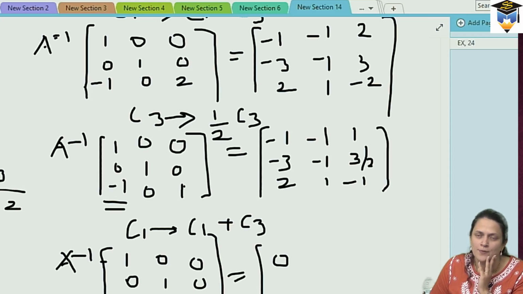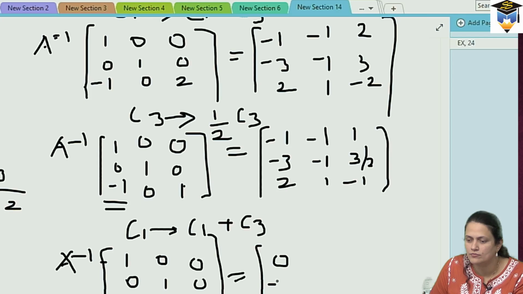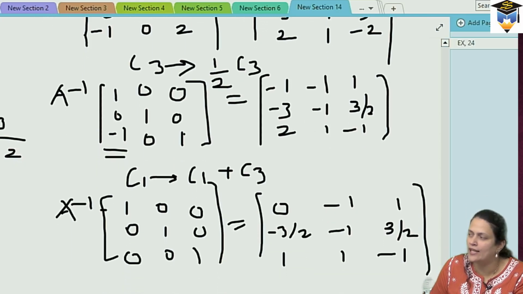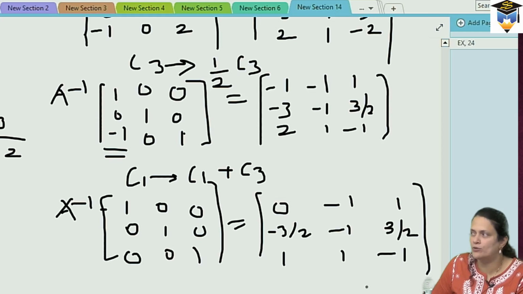So minus 6 plus 3 is minus 3 by 2. And 2 and minus 1 becomes 1. So now basically we can say that A inverse into I is equal to this matrix. So A inverse is this matrix.